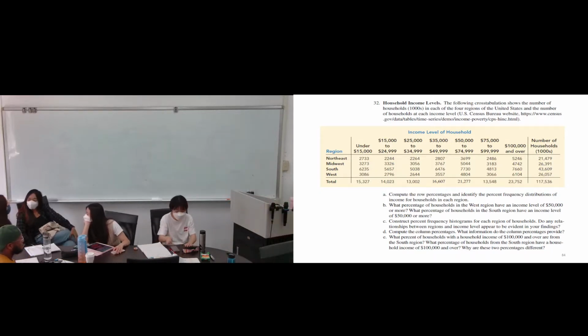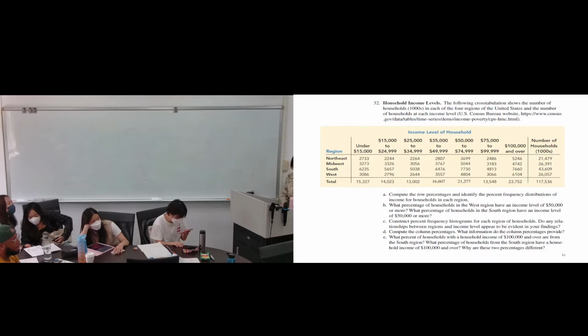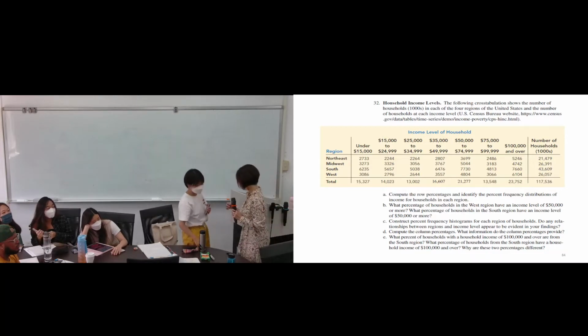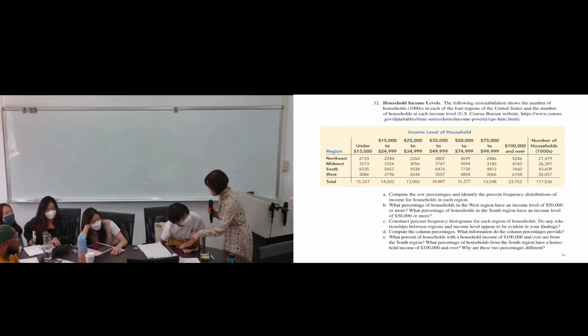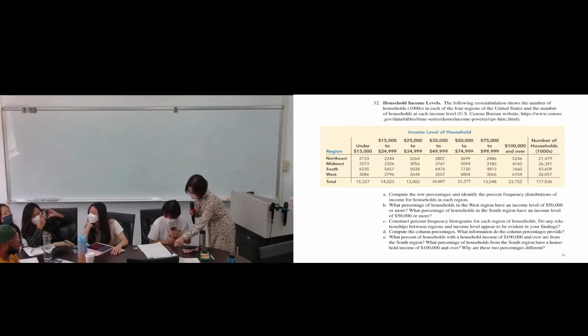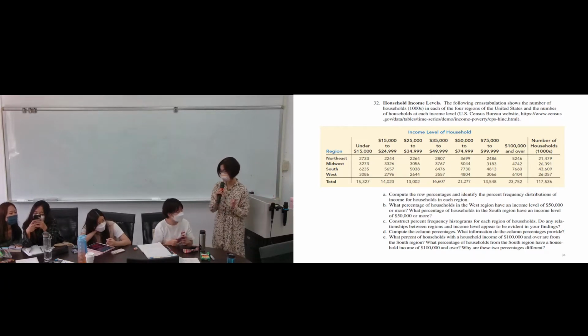Momoka, could you please identify the percent frequency distribution of income for households in Northeast? You already did that? Okay, thank you. So after we convert the original table into row percentage, and then we identify the percent frequency distribution for Northeast. So you will take care of Northeast.